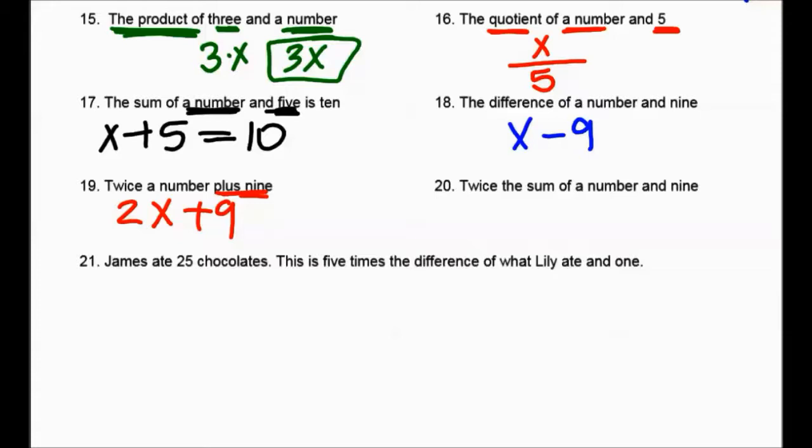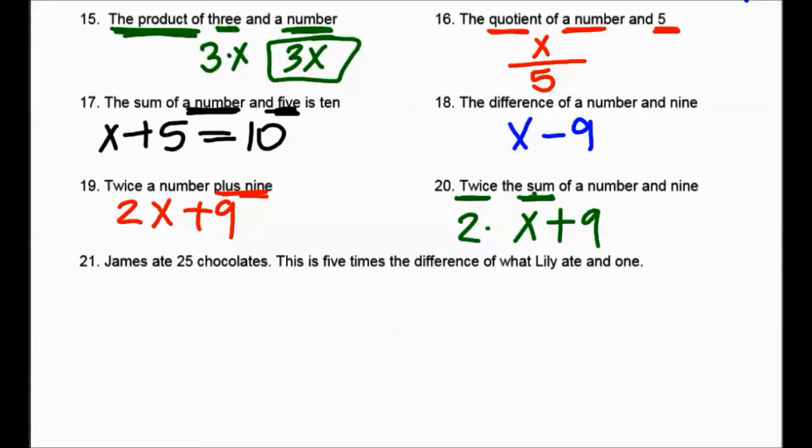Now on number 20, it now says twice the sum. Remember, the word sum means the answer to an addition problem. So we need twice that whole thing. If I just start writing, and I know it's 2 times, so the sum of a number and 9. If I write it like that, that's only saying 2 times x.